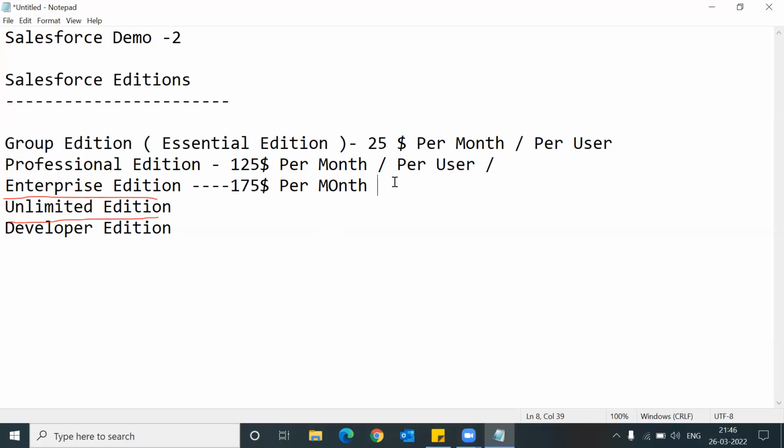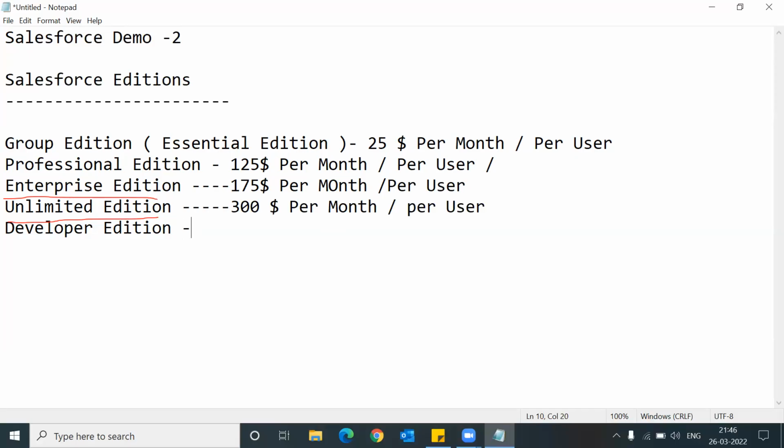What does per user mean? Suppose in your company you have 50 employees. What does per month per user mean?